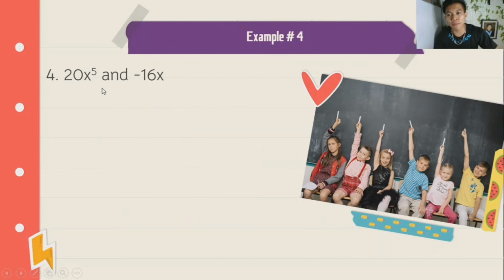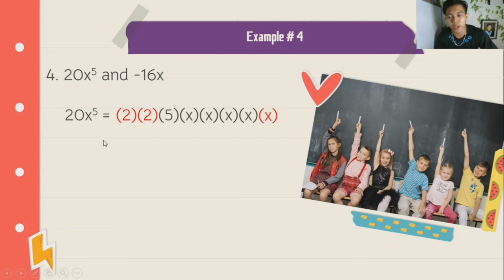Okay, example number 4 tayo. 20x raised to 5 and negative 16x. Unahin natin si 20x raised to 5. Si 20x raised to 5, that is 2 times 2 times 5, tapos 5x.